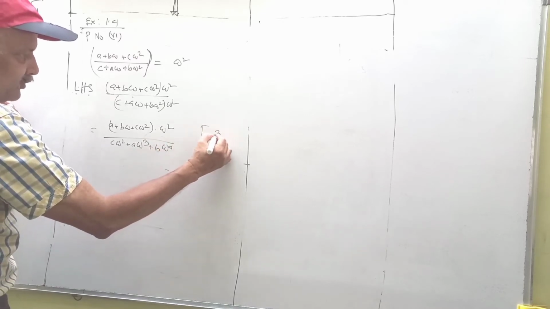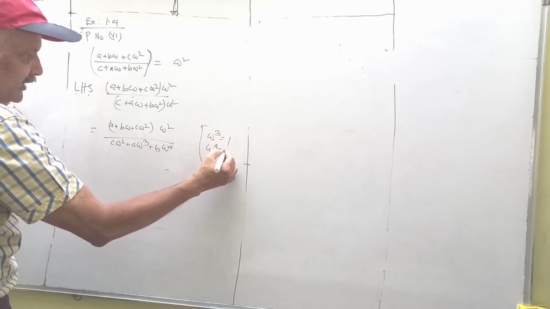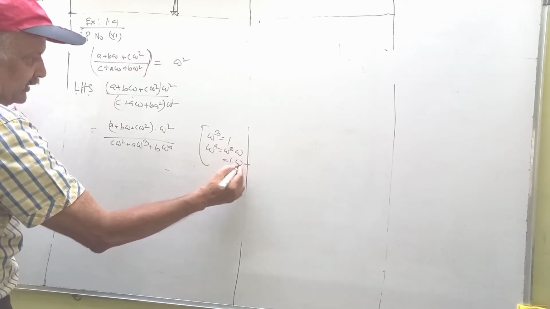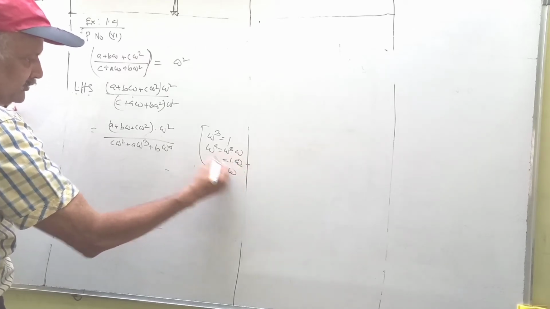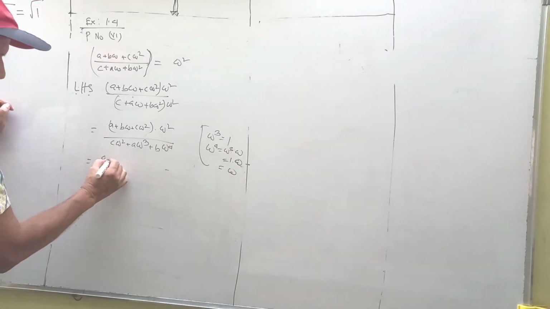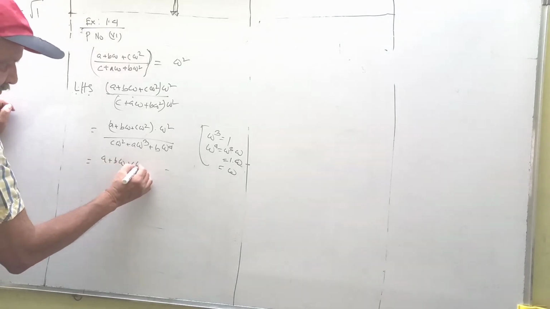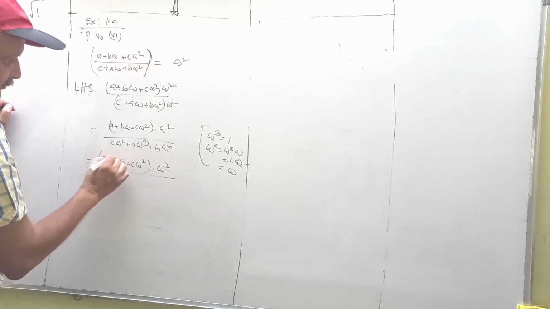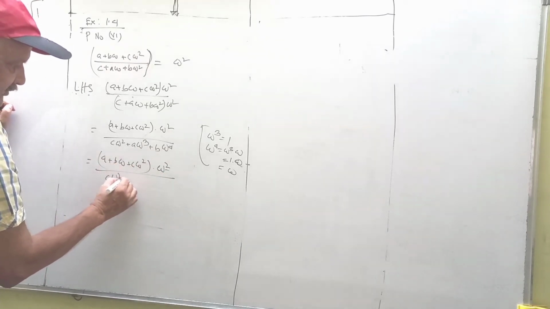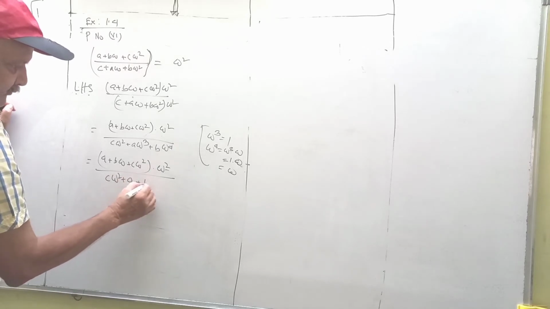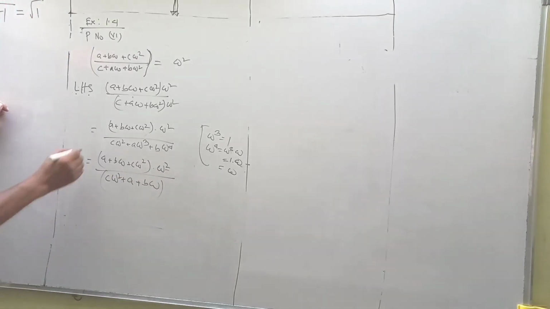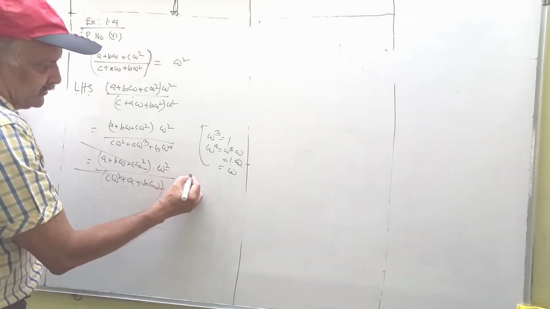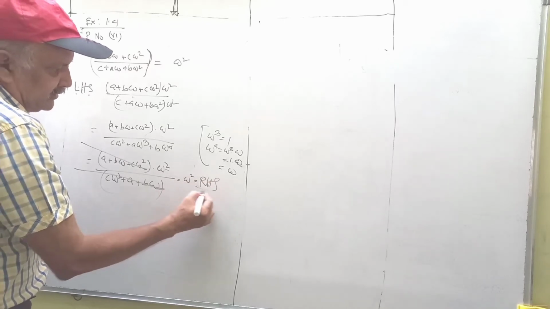Already we know ω³ equals 1, and ω⁴ equals ω³ into ω, which is 1 into ω, that is ω. So the denominator becomes (a + bω + cω²) and the whole thing multiplied by ω² divided by (cω² a + bω). Look here, numerator and denominator are the same and what is pending is ω², which is our right hand side, hence proved.